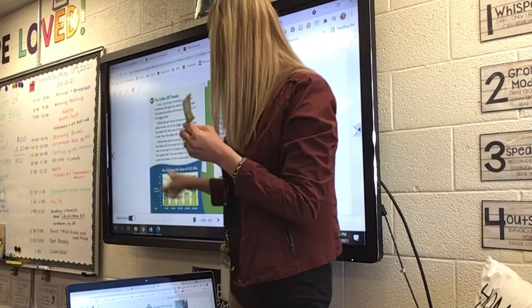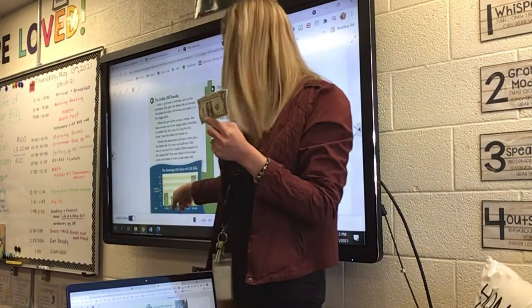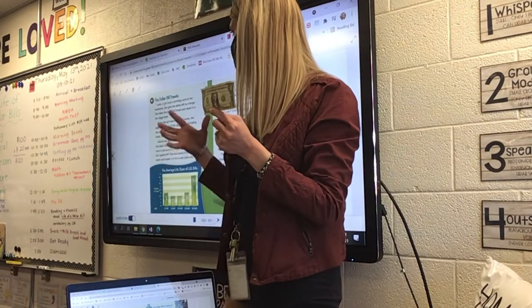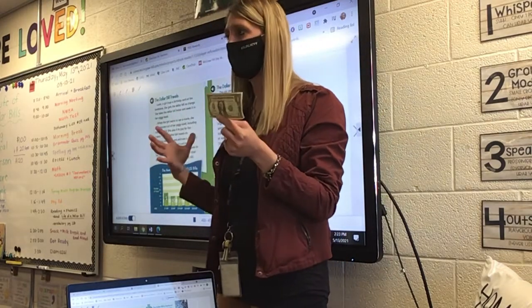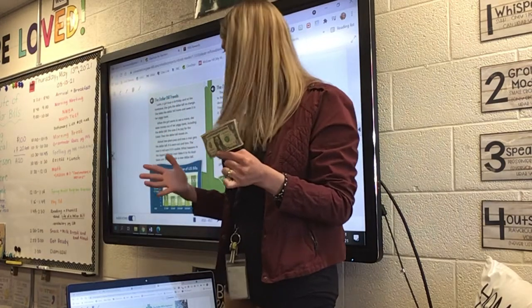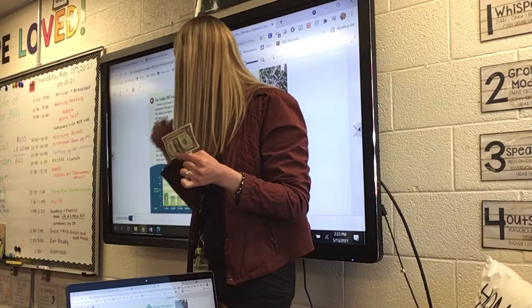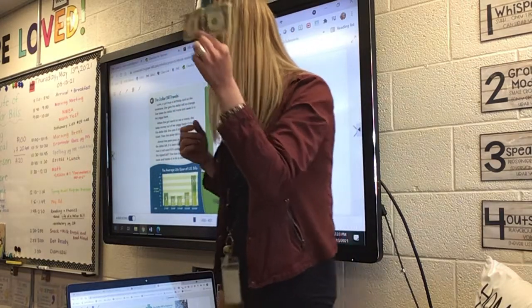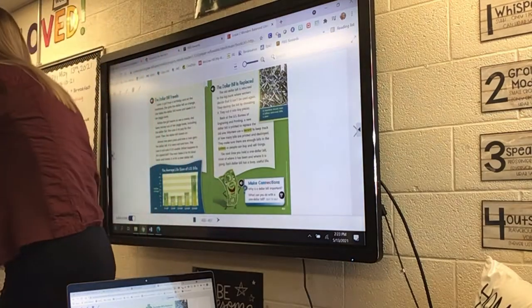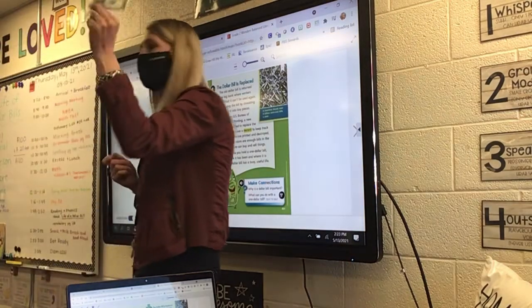Now, look over here at this chart. This is a really cool chart because it tells us the average lifespan of U.S. bills. Look at the dollar bills. How many years do most dollar bills last? Look at the chart. Mason, what do you think? 2 years.